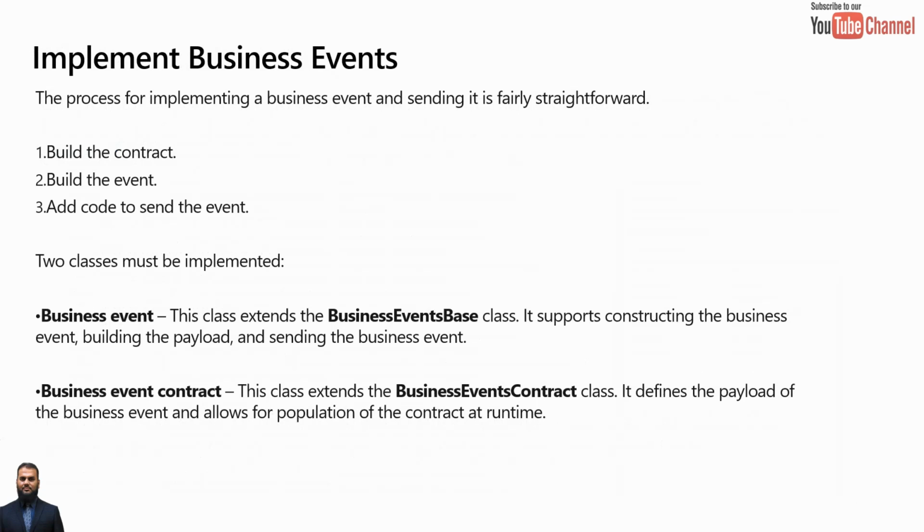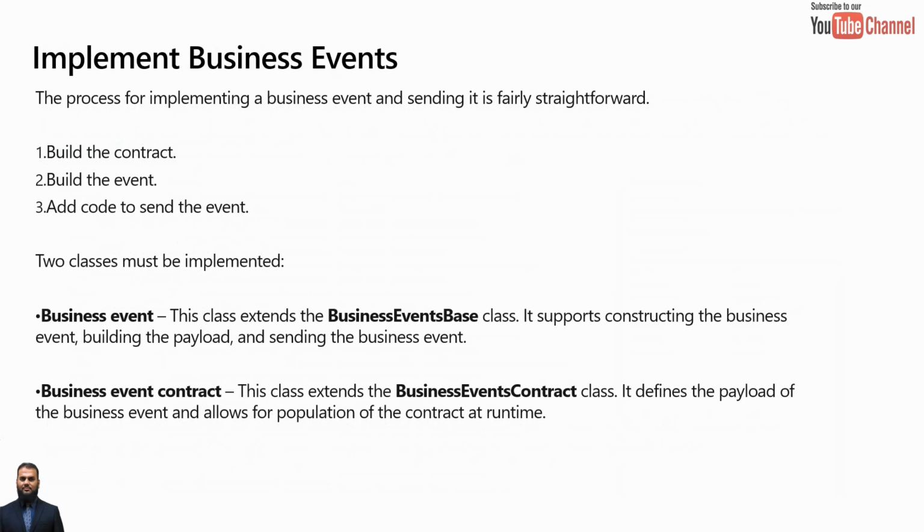The second step is building the event itself in code, and then we also need to add the code to send the event whenever it happens. So briefly, two classes need to be implemented here. The first one is the business event, which extends the business event base class. The base class already provides the required logic and methods which can be overridden if you need, or you can also define your own methods.